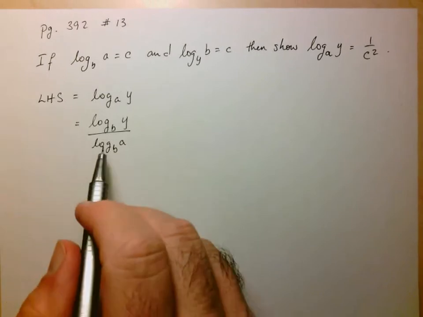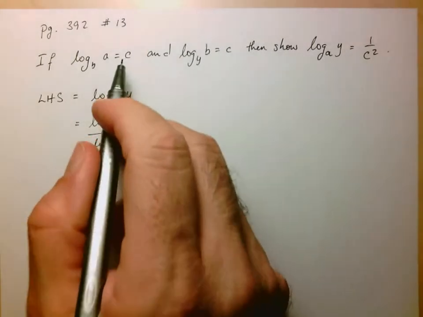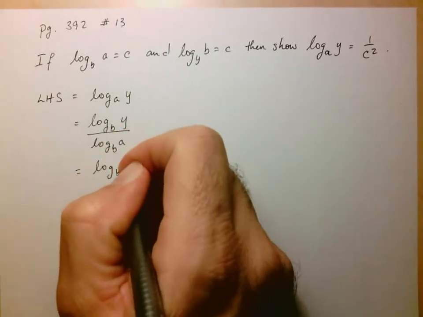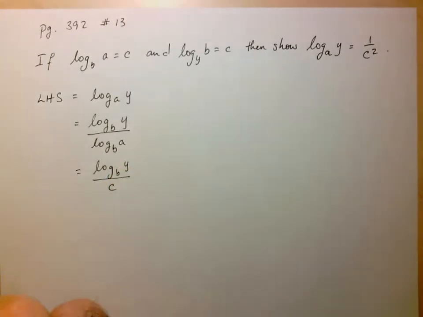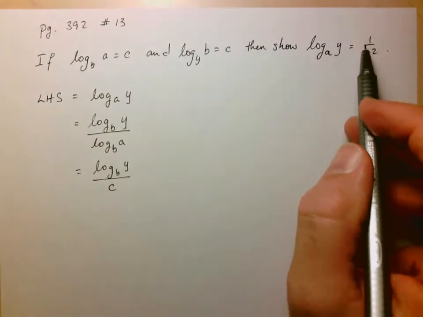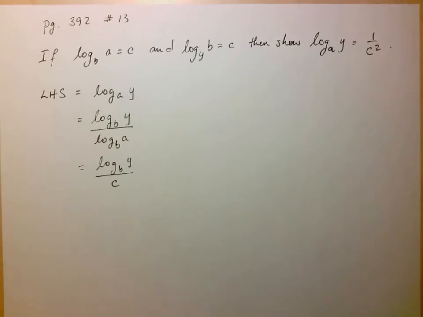Now that's something nice, because now I know what log base b of a is equal to. It's equal to c. What I also like is that that c is in the denominator, which is exactly where I want it, since I know I need to show that the original expression is equal to 1 over c squared. So it looks like it accomplishes part of what I need to show.